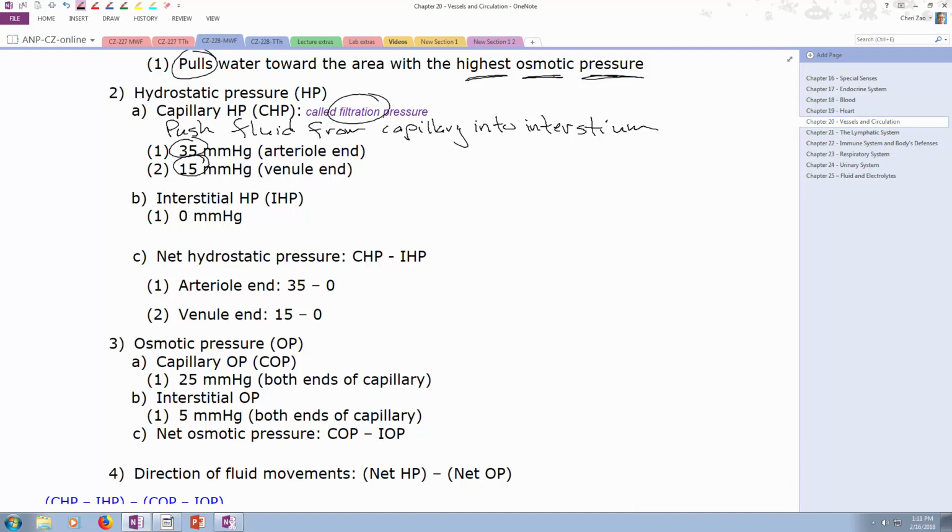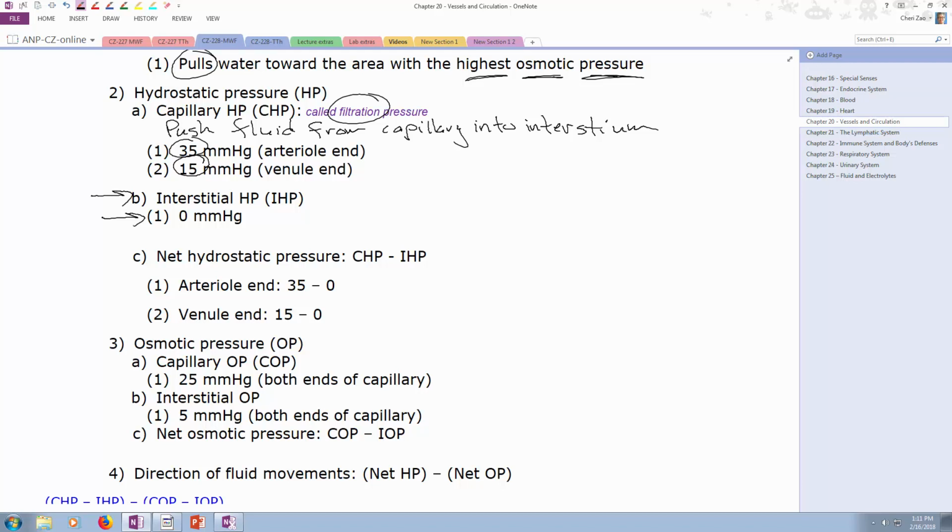And so we have to talk about interstitial hydrostatic pressure for right now. And it's really kind of strange that most of our interstitial hydrostatic pressure ends up being around 0 millimeters of mercury. So it's almost like saying that there is no fluid in the interstitial spaces.